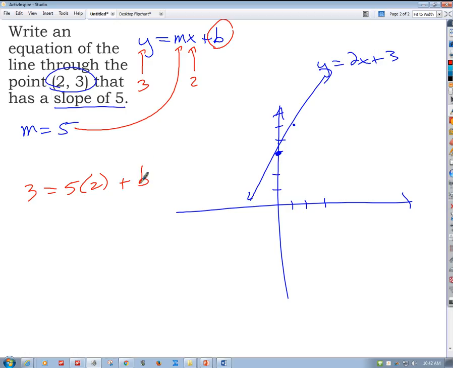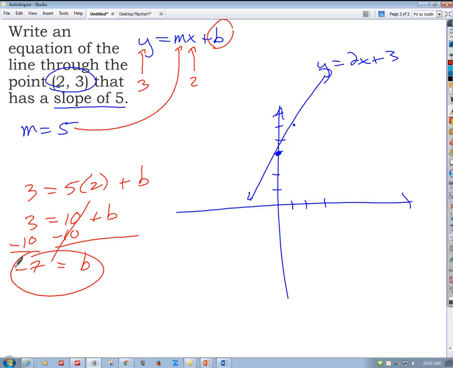What do I have to do to solve for b? It's not hard, right? Multiply 5 and 2, and then subtract 10. I just have to isolate b. So the 10s go away. I get b equals what? -7. And now I'm done.